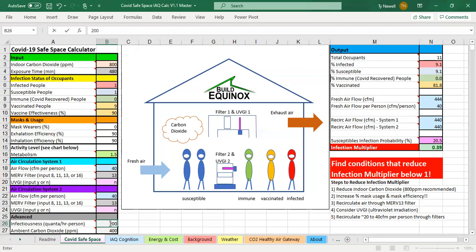And if we change that to, say, 200 quanta per hour down in this advanced setting, we see that with all of these other things we've done to improve ventilation airflow, to vaccinate people, and to improve filtration of air within the space, that's given us protection. So if a variant comes through that's twice as transmissible, we're still at a place where we can keep this thing from growing. So let's put this back at 100.